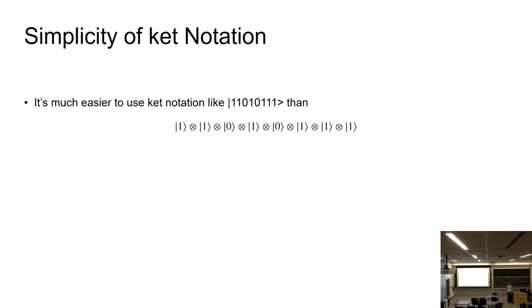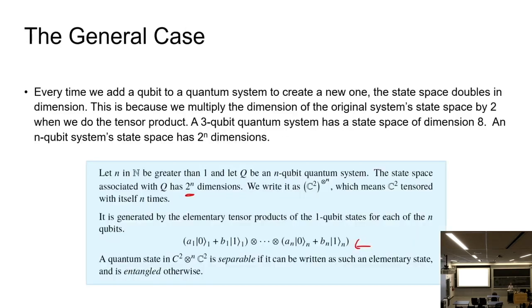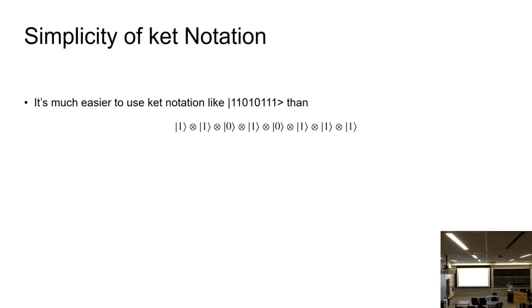So we can simplify this long-winded notation using ket notation. So if we are thinking about this 8-qubit entangled system, we can just write it as 1, 1, 0, 1, 0, 1, 1, 1.